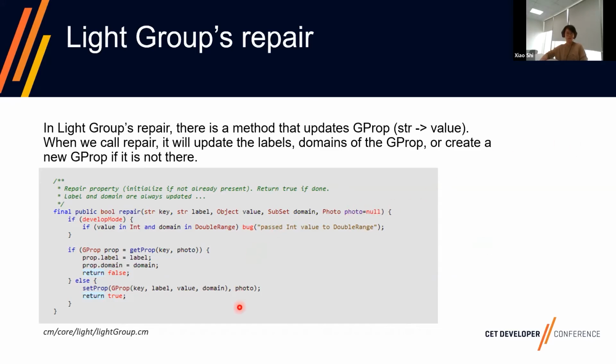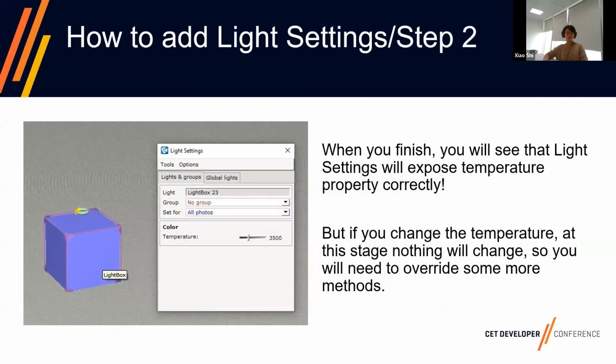And if you have successfully set the gprop into your light group, then if you open up your light settings again and click the light box that you have added, you can see that the temperature is here. Because this temperature is uniquely defined, it will fall naturally into a color section.